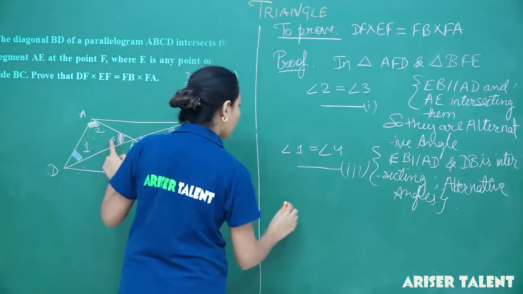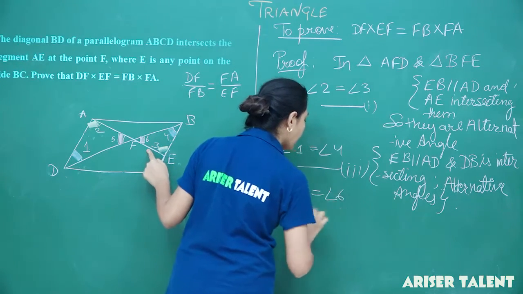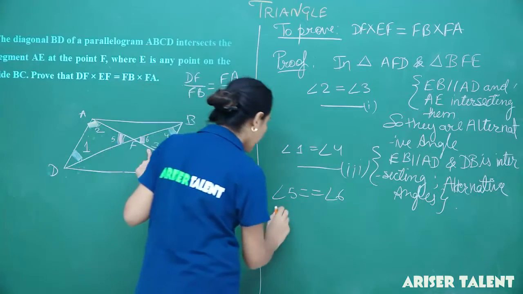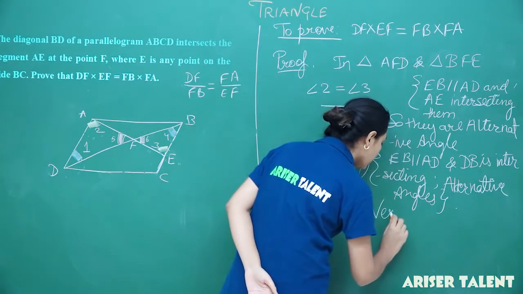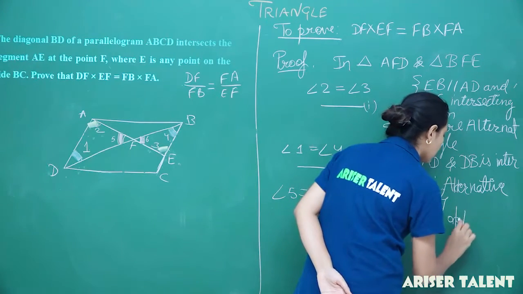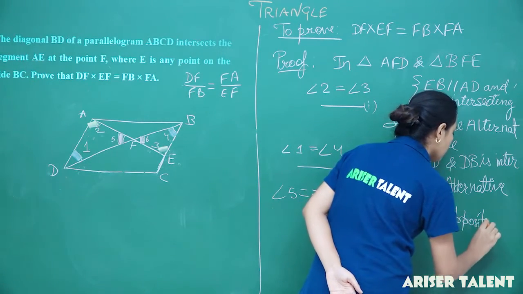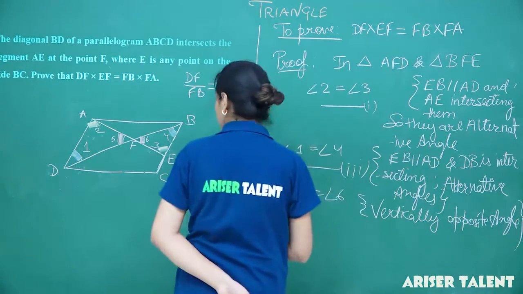Now simply angle 5 is equals to angle 6. Why so? Because they are vertically opposite angles. Right?